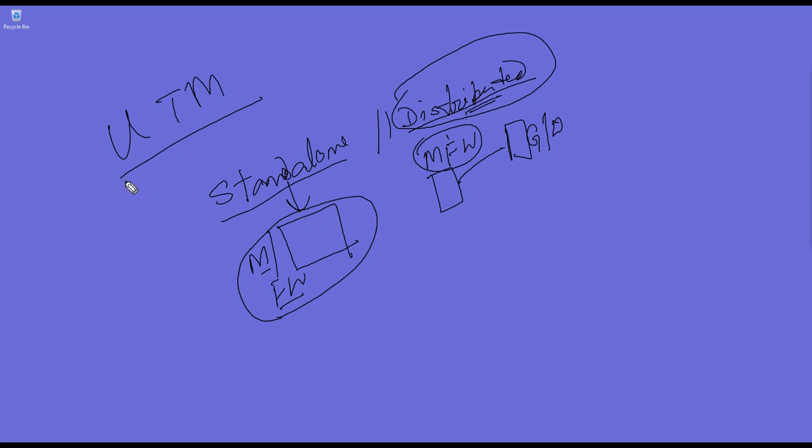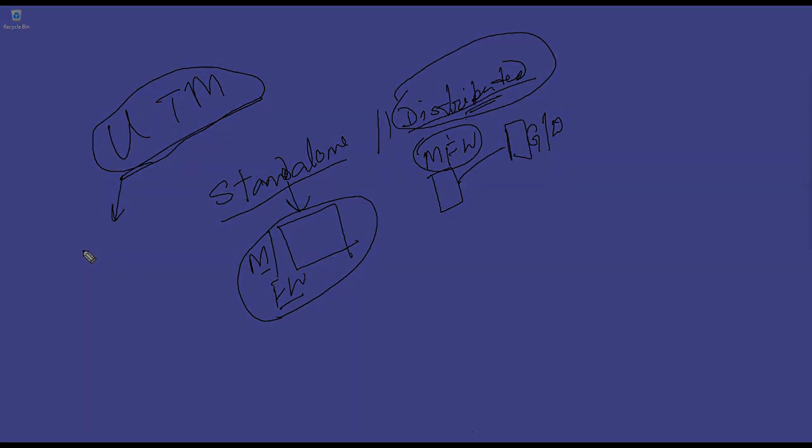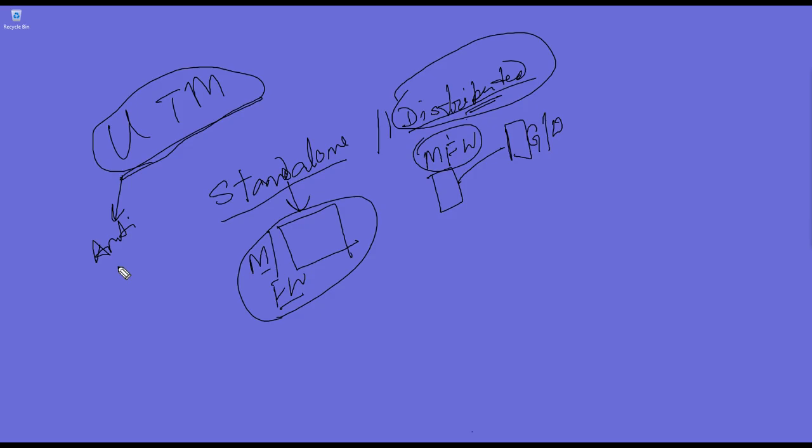Now all the firewalls support UTM. That means multiple products, like anti-spam, web filtering, URL filtering, and IPS. This type of thing, and mail server, mail phishing.